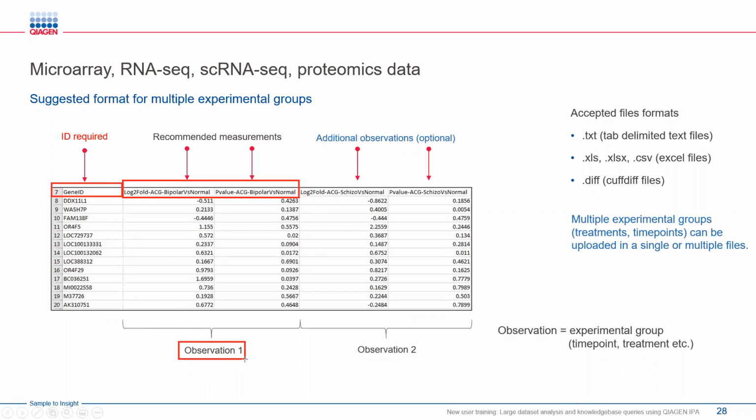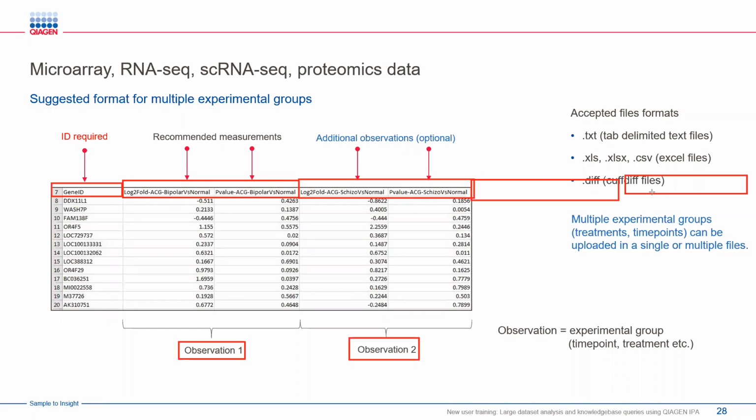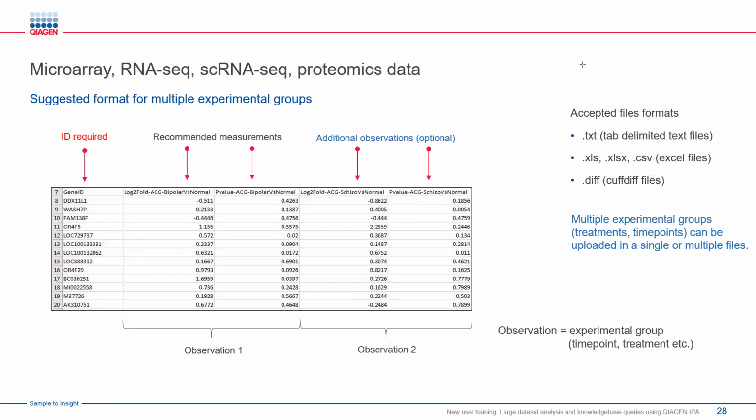So we call this observation 1. And then followed by fold change values, p-values coming from another experiment, like maybe treatment versus baseline, or let's say time point 1 versus time point 2. So that would be your second observation. A third one and fourth one, so you can have basically one big Excel sheet, and then you can have all of your experimental conditions together.